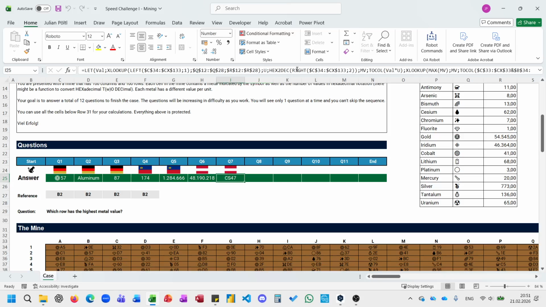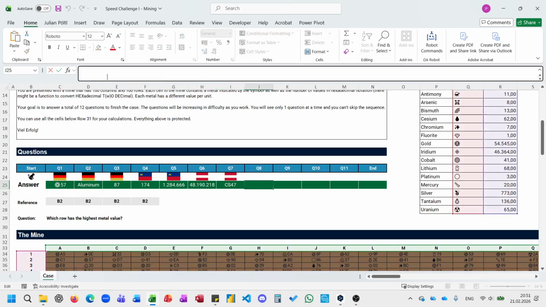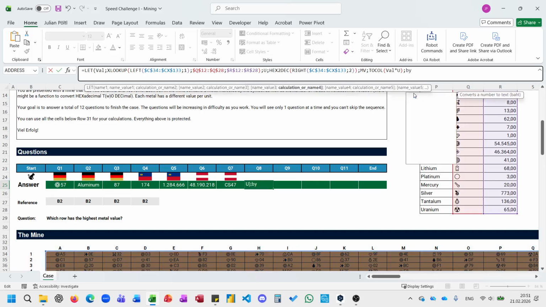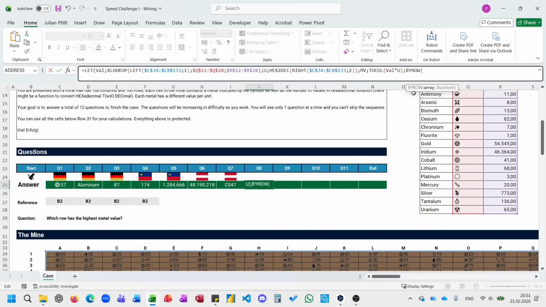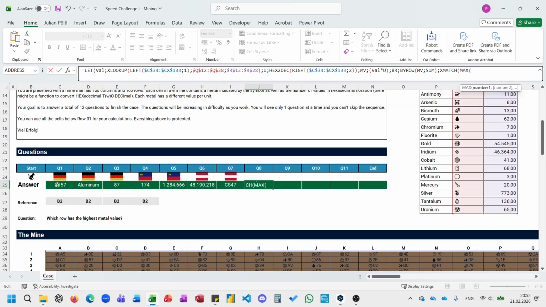And therefore I have not used TOCOL here before because I knew that this question was coming up. MV, I have metal value, and then I use BYROW. Delete this sum, and then BR, XMATCH MAX BR in BR.